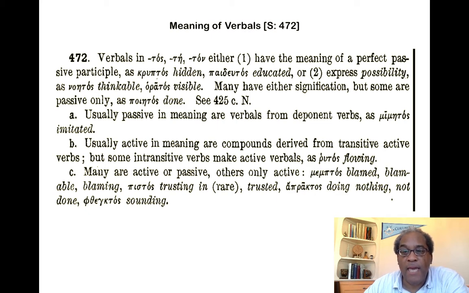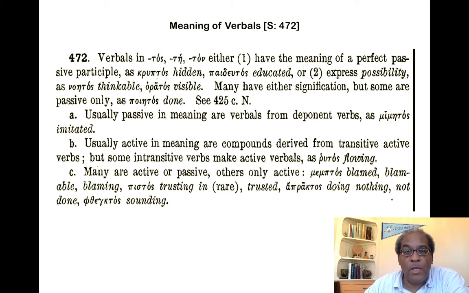Now many have either signification, but some are passive only, as in poietos, done. You will see in the lexicon entry which way these go, and you will also find these forms in Smyth's index of verbs noted as well.